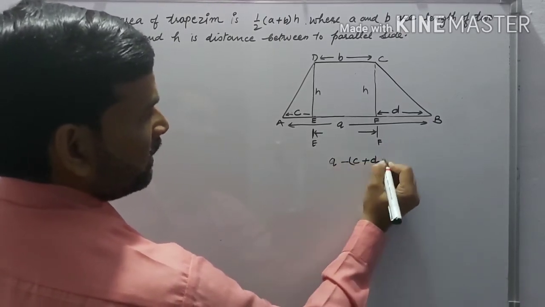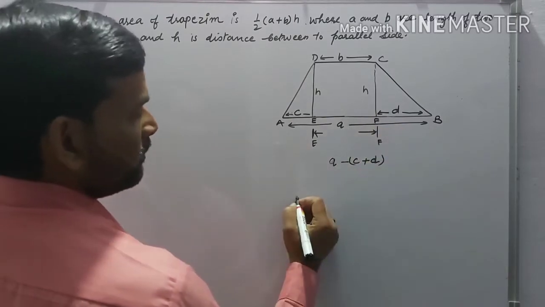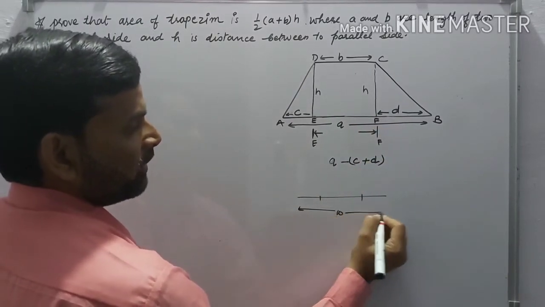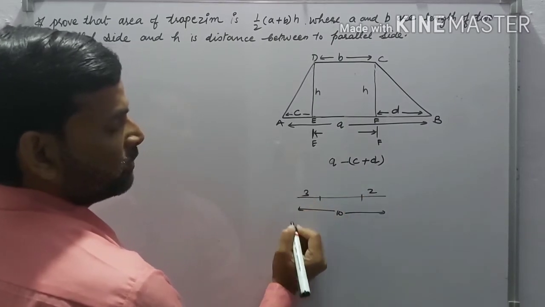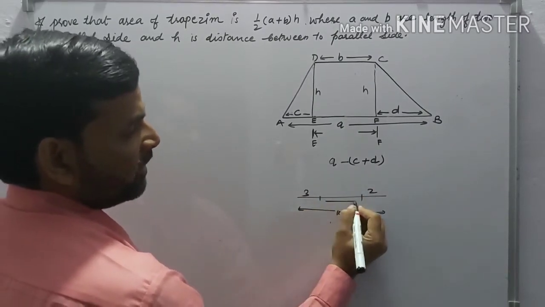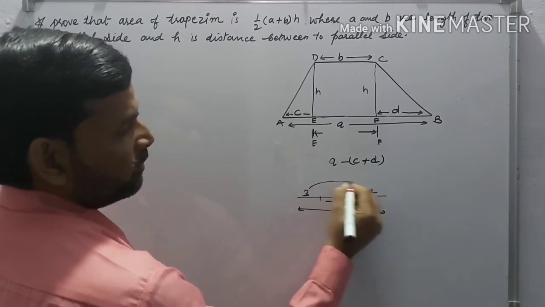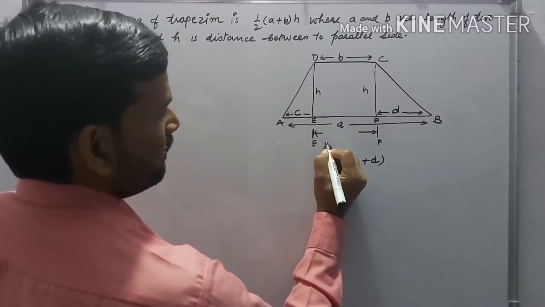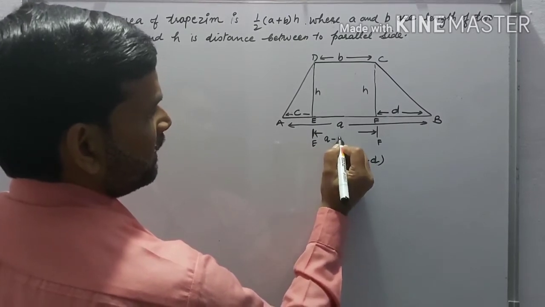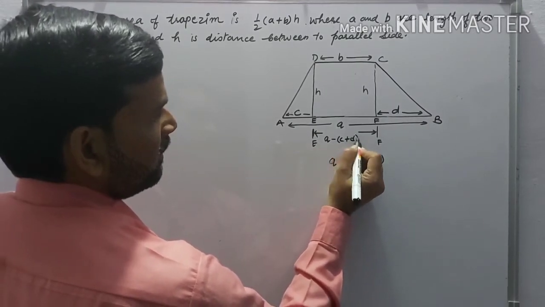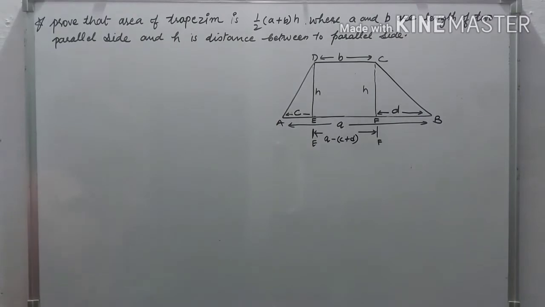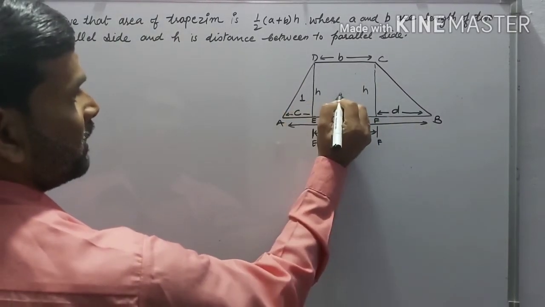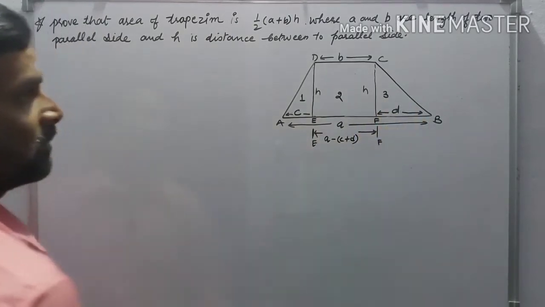For example, if the total length is 10 and the two parts are 2 and 3, then this part is 10 minus 2 plus 3, which is 5. So here we write a minus c plus d. They divide into three parts: one part, two parts and three parts.